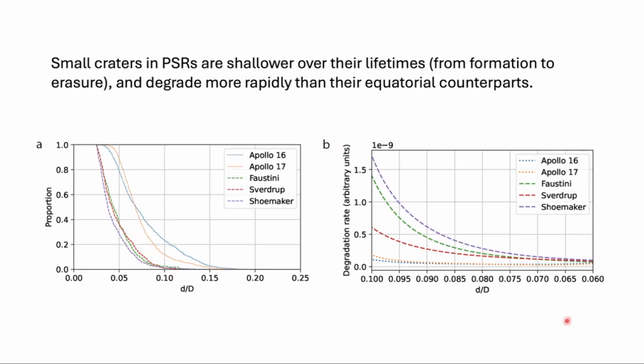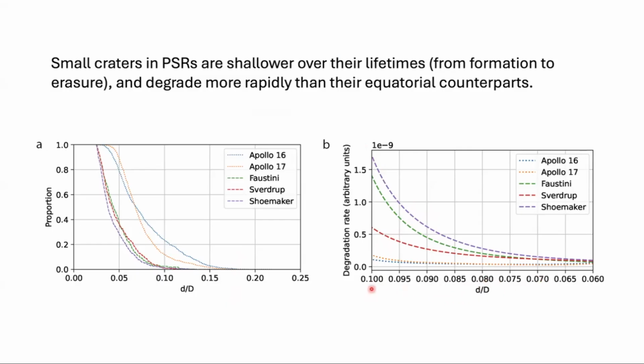And then on the right, I don't know if I totally agree with this method, but this has been established in some of the papers we want to compare to. Basically all they're doing is taking the slope of the cumulative distribution function, so the change in frequency of craters of certain depth to diameter, across diameter, and scaling it by the rate of production of craters of those diameters that we expect to see. According to this method, this gives a degradation rate on the vertical axis versus depth to diameter on the horizontal axis.